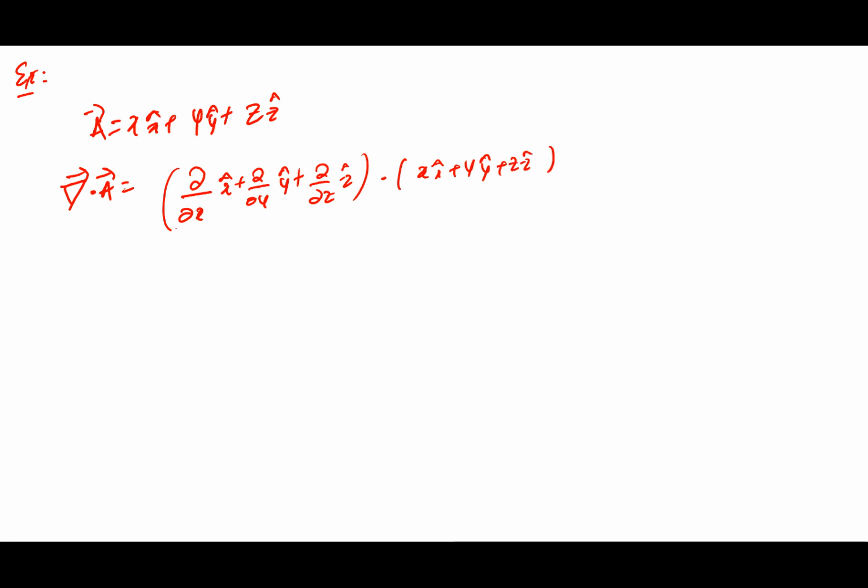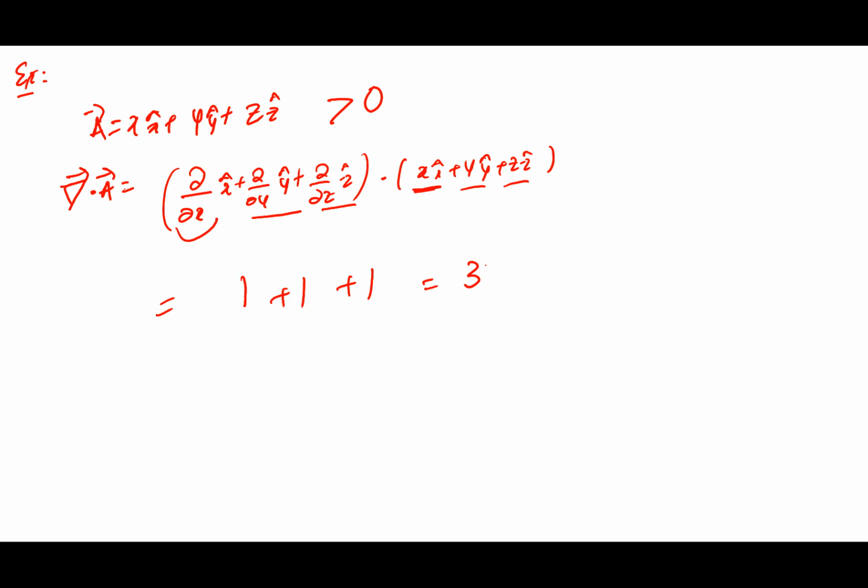As you can clearly see, dou x by dou x is 1. For this, you get another 1. For this, you get another 1. So now you get 3. Right? So this divergence is greater than 0. So it is flowing outward, like we have seen.